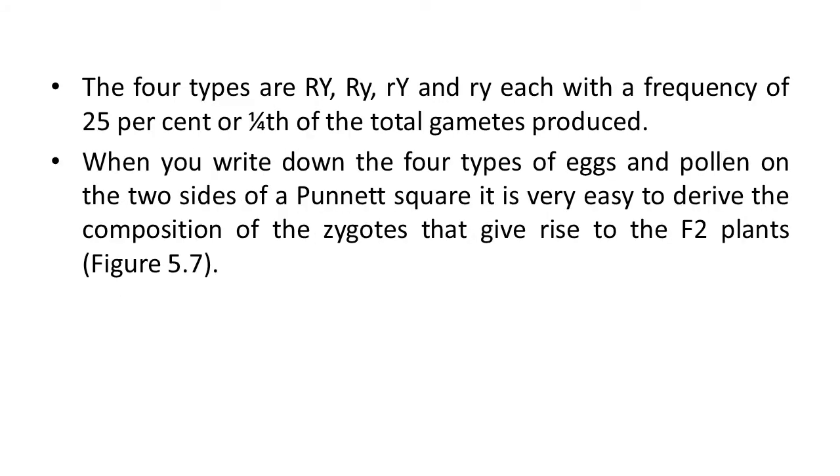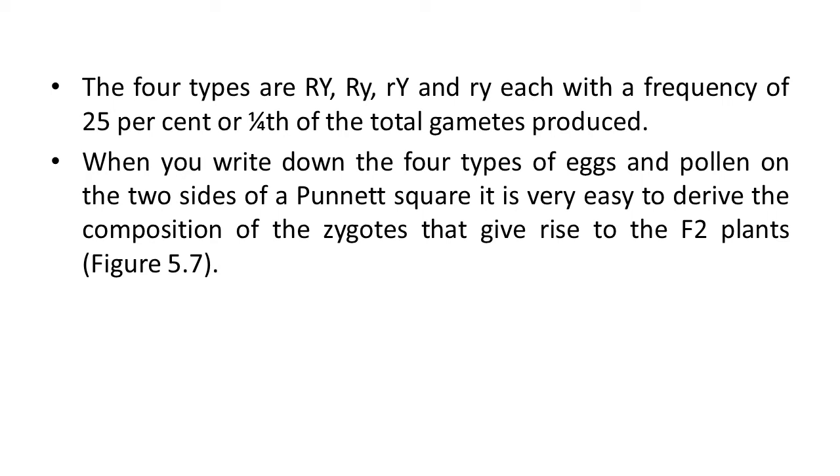Now what is the summary, conclusion or observation? These 4 types of genotypes are capital R capital Y, capital R small y, small r capital Y, and small r small y, each with a frequency of 25%, or 1/4 of the total gametes produced. When we write down these 4 types of pollen on the 2 sides of the Punnett square in row and column, it is very easy to derive the composition of the zygotes that give rise to the F2 generation.